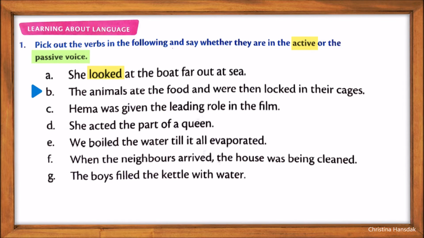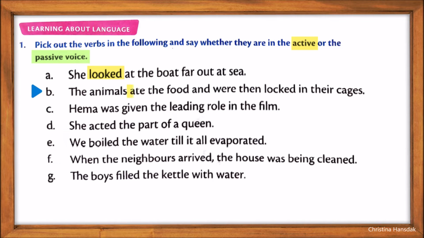Sentence number B. The animals ate the food and were then locked in their cages. Students, just read this sentence again. The animals ate the food and were then locked in their cages. This sentence has two verbs.